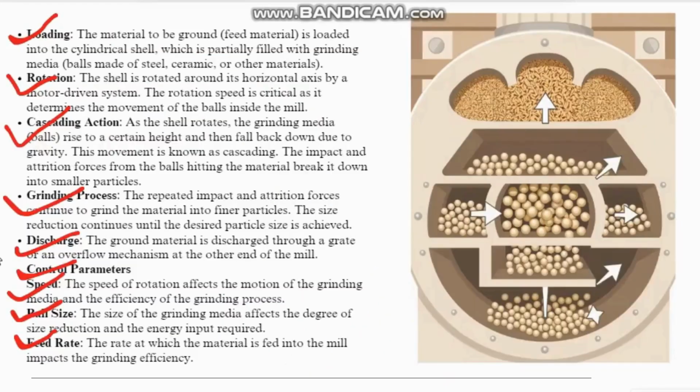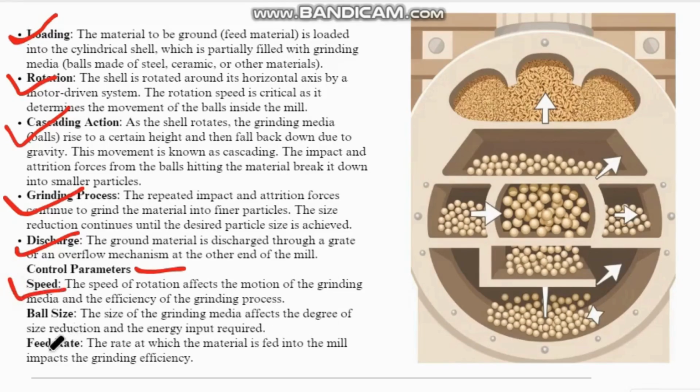Here there are some control parameters. We can control the speed, or you can say the velocity, of the size reduction process. So how can we control it? The first one is the speed. We can control the motor speed, so that we can control the speed of the size reduction process.